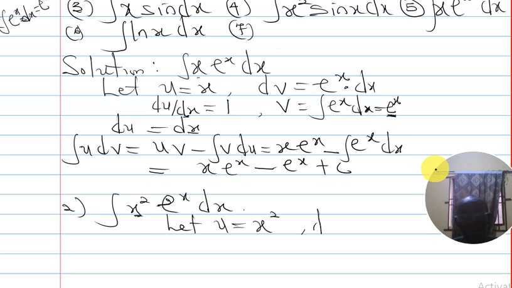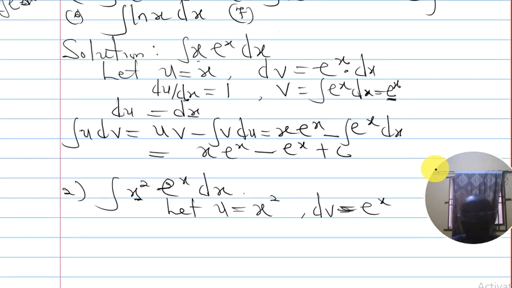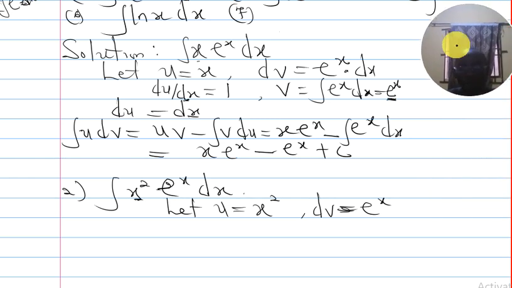And my dv is equal to e raised power x, right? Step by step. Now we can say du dx equals 2x. Now this one is v equal to the integral of e raised power x dx.